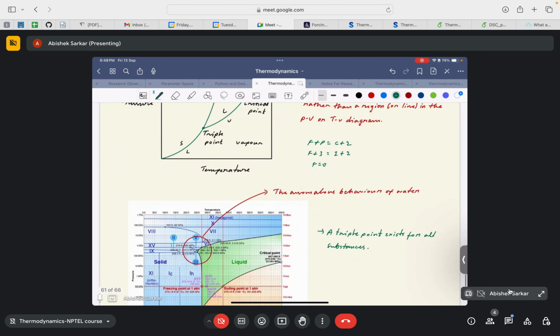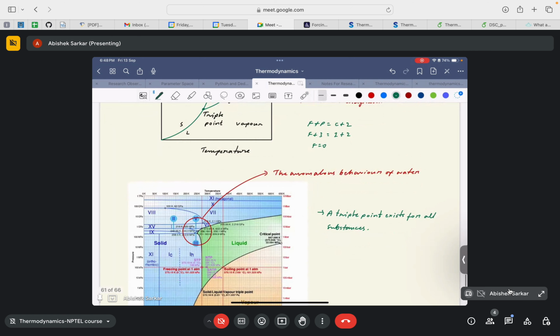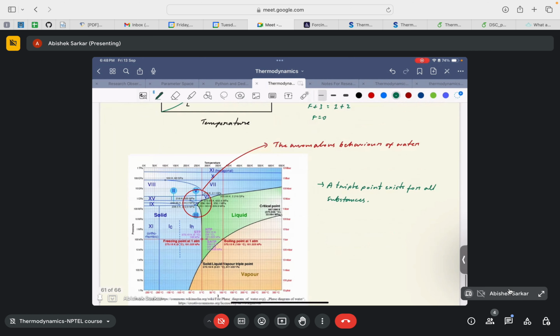One more conclusion was that the triple point exists for all kinds of substances. That was again a very important conclusion.